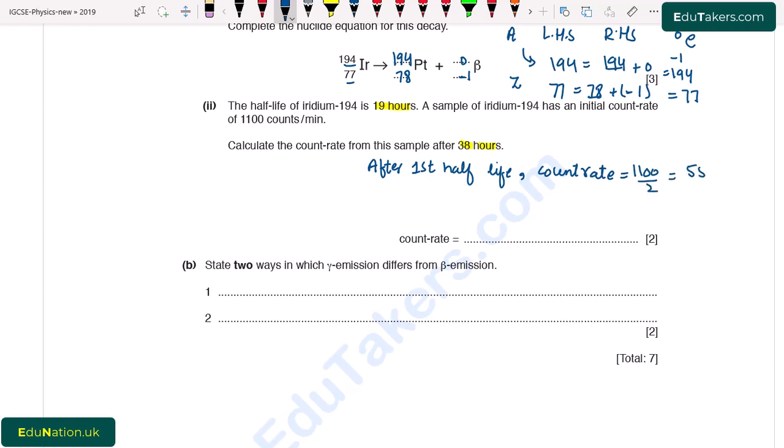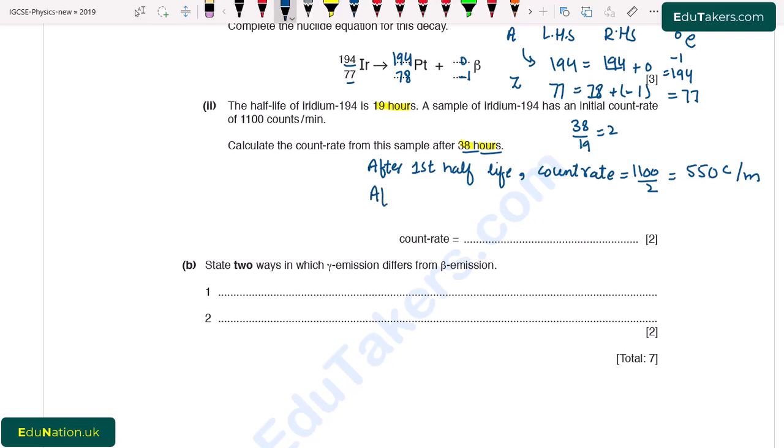It will be 550 counts per minute. So we have to calculate the count rate after 38 hours. When we divide 38 by 19, we get 2. It means that 2 half-lives pass in 38 hours.